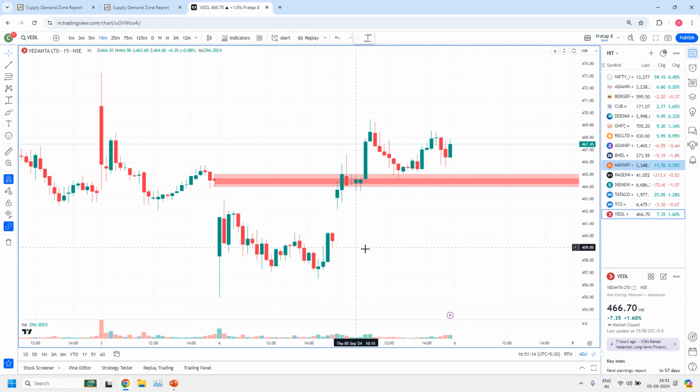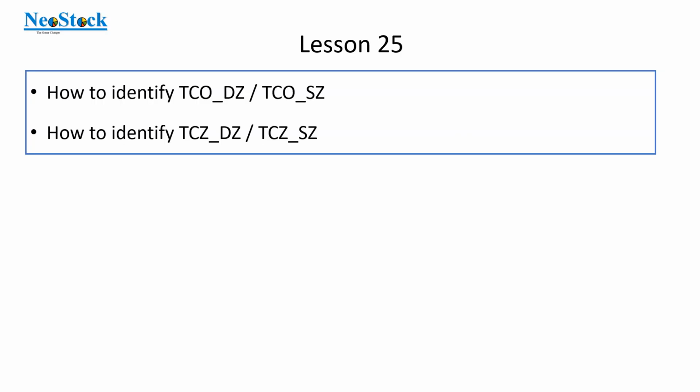Okay, so now we are going to use VEDL and Tata Communication to teach you the concepts of TCO and TCZ. What are TCO and TCZ? These are high liquidity zones. But among high liquidity, I divide into two categories. High liquidity zones are high probability setups, no doubt in that.